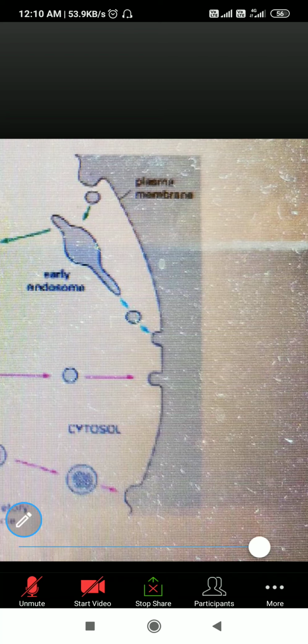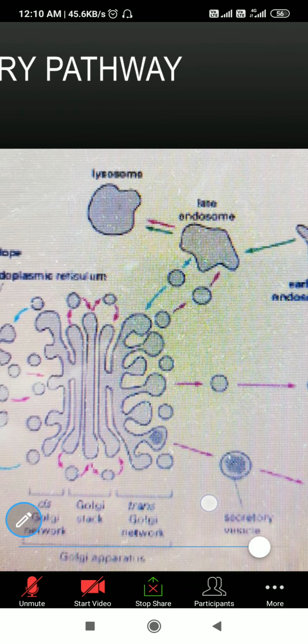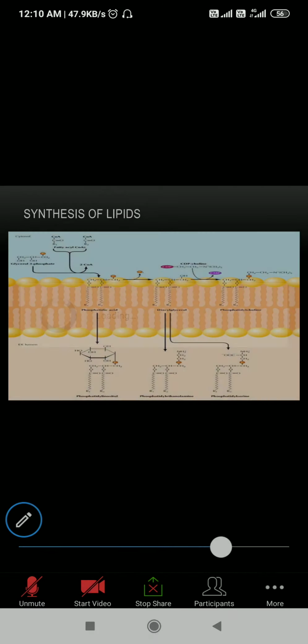There are some proteins which have to be retained in the lumen of the endoplasmic reticulum rather than proceeding further.